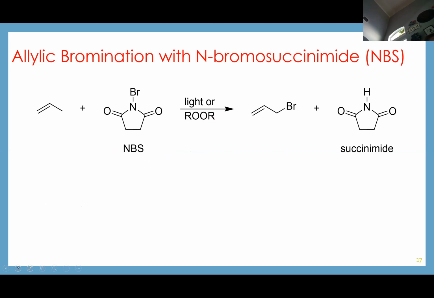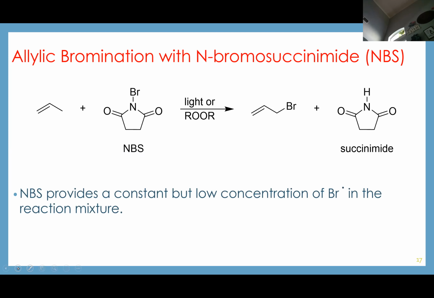Okay, there's also a way to do a controlled bromination. You can do an allylic bromination with a compound called N-bromosuccinimide, or NBS. In the presence of light or peroxides, you will get the allylic bromination, and succinimide is your product. NBS provides a constant but low concentration of bromine radical in the reaction mixture.